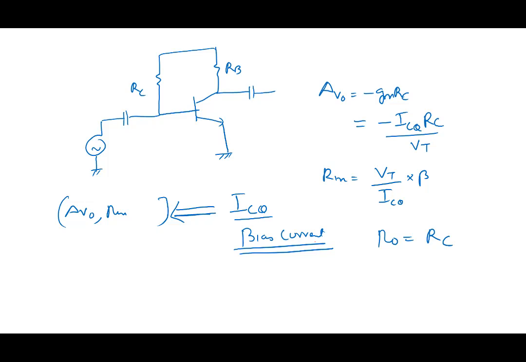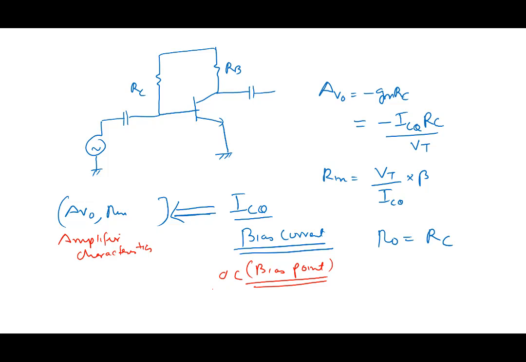Okay. So in general, the amplifier, this is just an example. In general, the amplifier characteristics are affected by the bias point. Where is my transistor biased? DC bias point.